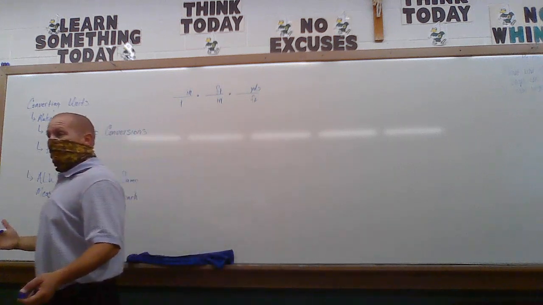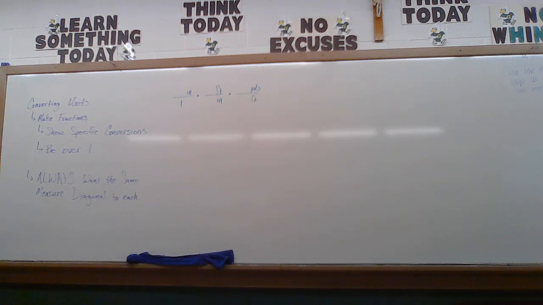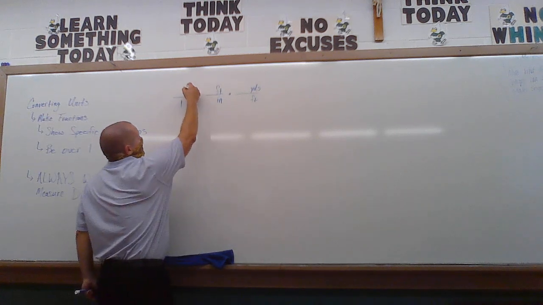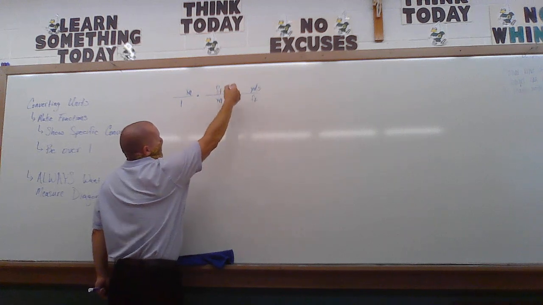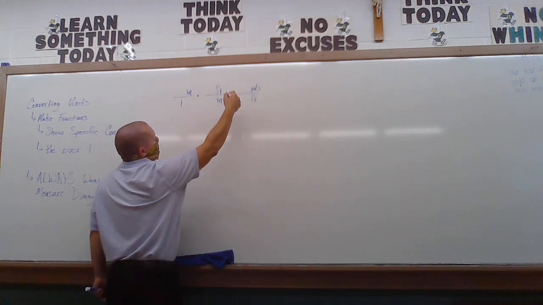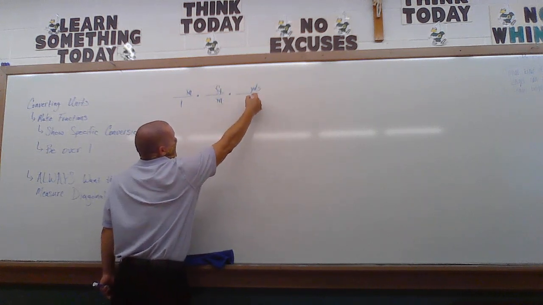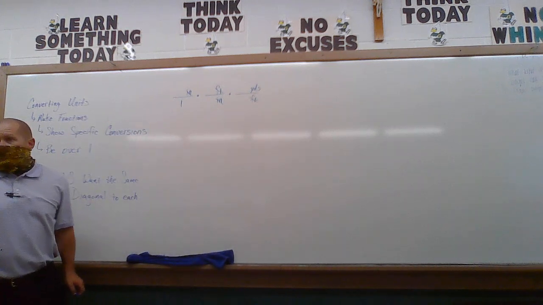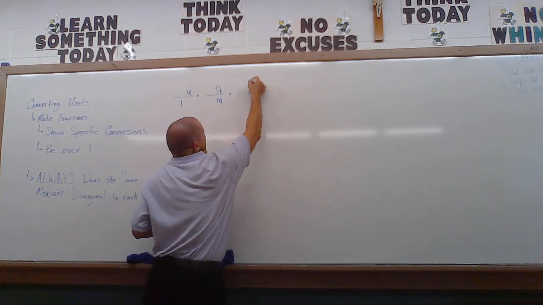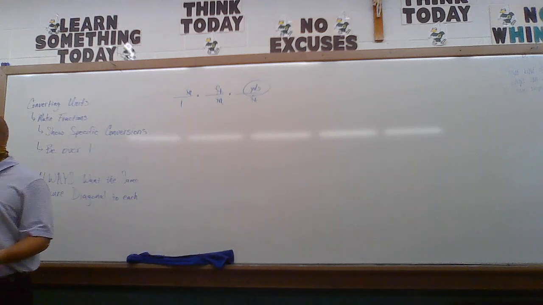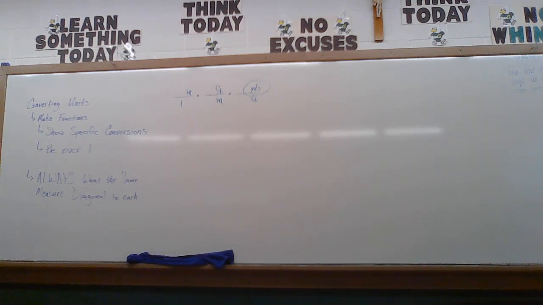Now some of you might know the direct conversion from inches to yards, and you don't have to do that middle step. And that's totally fine too. But if our same unit is diagonal from each other, they'll continue to cancel each other out, and whatever's left over should be what the problem asks us to find.